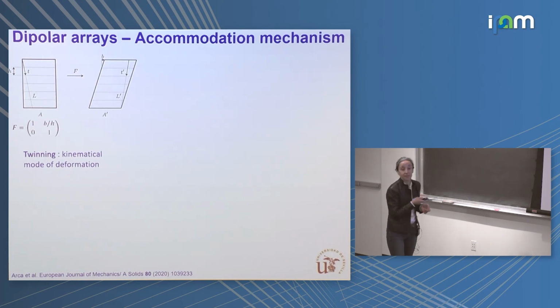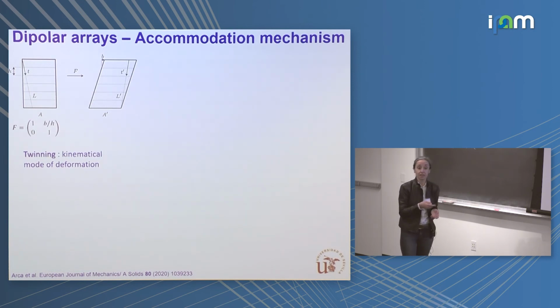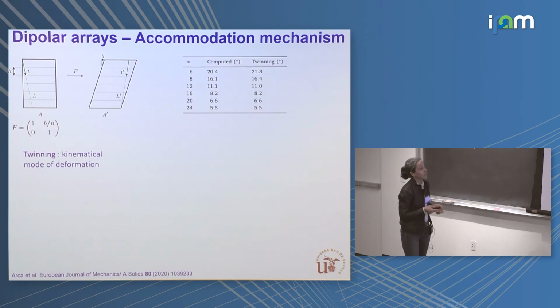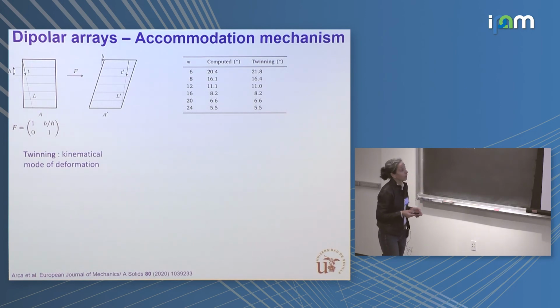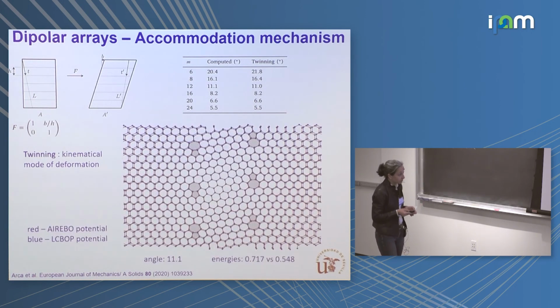A and A plus has to be the same, and L plus has to be the same. So this is the deformation matrix that is describing twinning. If you compute the angle from this analytical definition and compare with the computed ones, you see that they are in very good agreement. So what we observe is twinning and not another kind of mechanism.